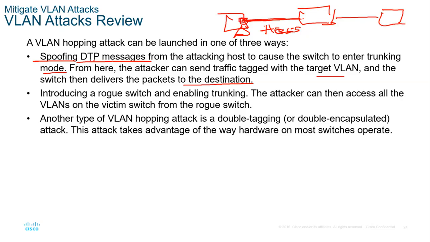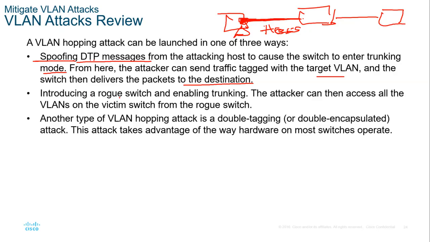The code can be run on this PC, and then it ends up acting as a switch, and then it becomes a trunk. Once it becomes a trunk, it can actually receive traffic from multiple VLANs.